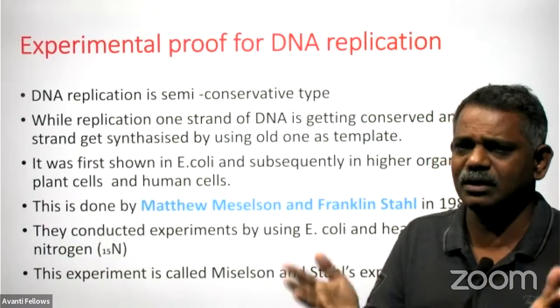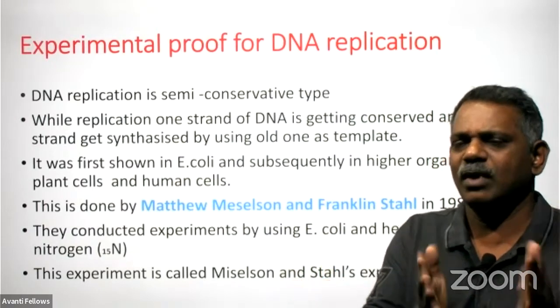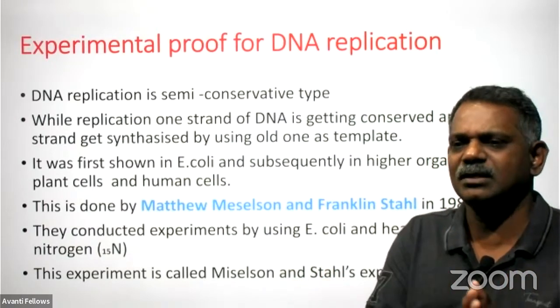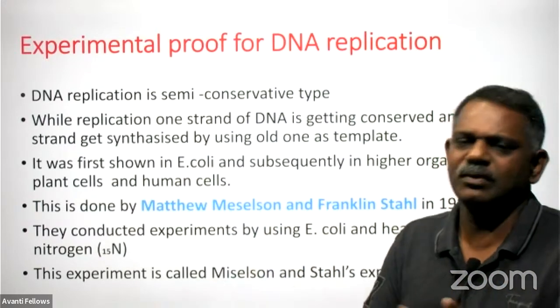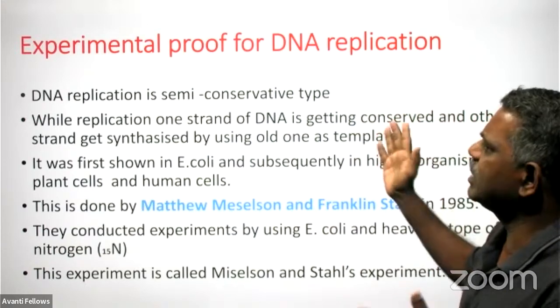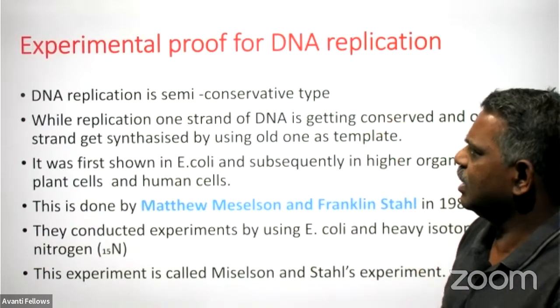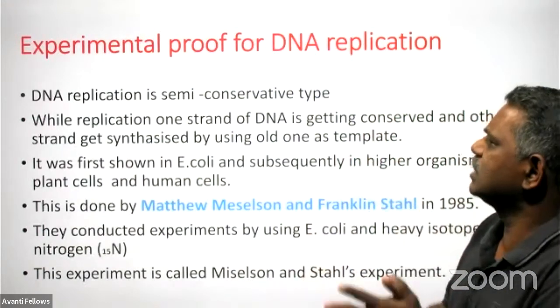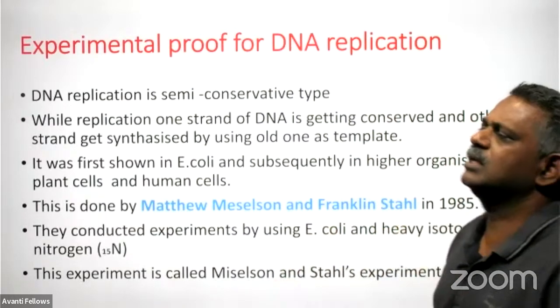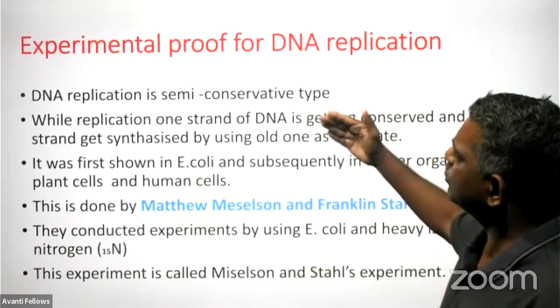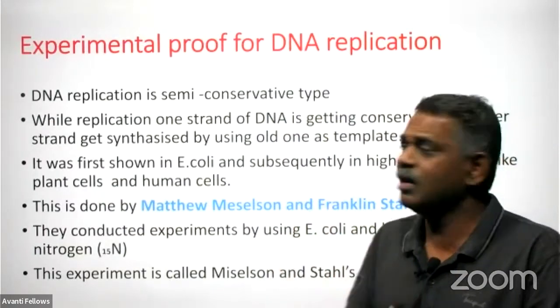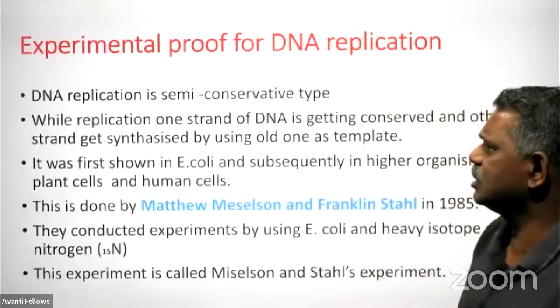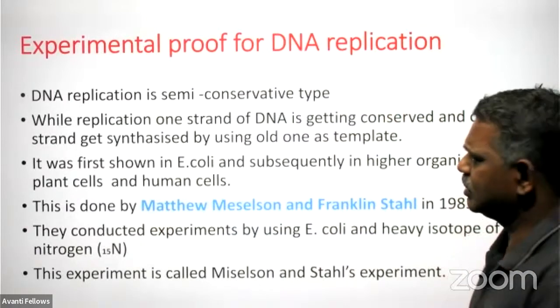Semi-conservative means during replication, one DNA strand is conserved and another one is newly constructed. That is what we call semi-conservative. And we can prove this through some kinds of experiment. That is the experimental proof for DNA replication as a semi-conservative one.